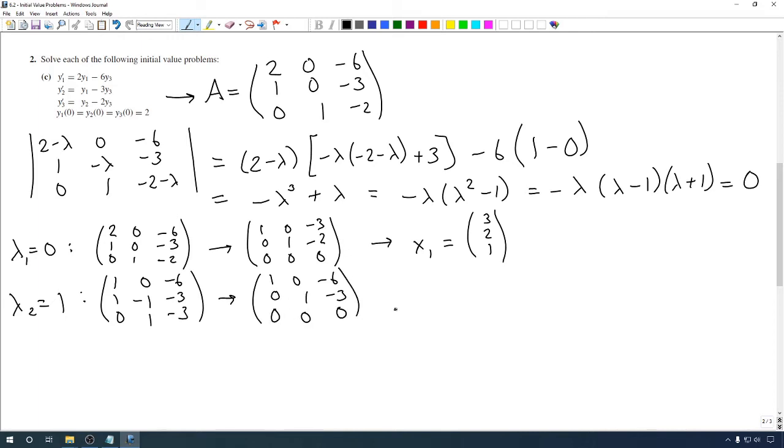So we can cancel that one out. Of course, we always expect that when we're doing an eigenvector problem, because we know this is a singular matrix. Because if we plugged 1 into here, we get a determinant of 0. Alright, so going ahead and putting 1 for our third component again, the second component is going to be 3, and the first component is going to be 6.